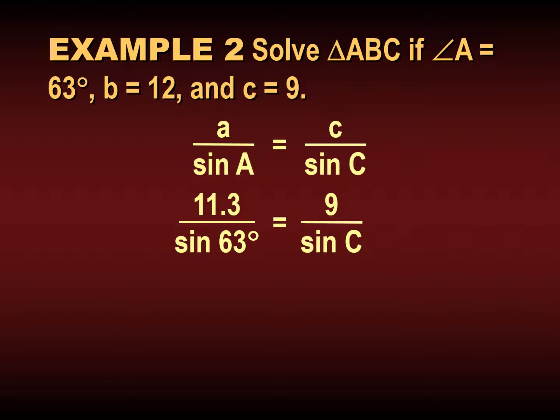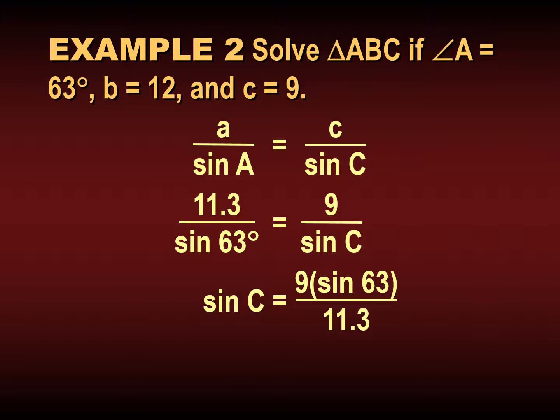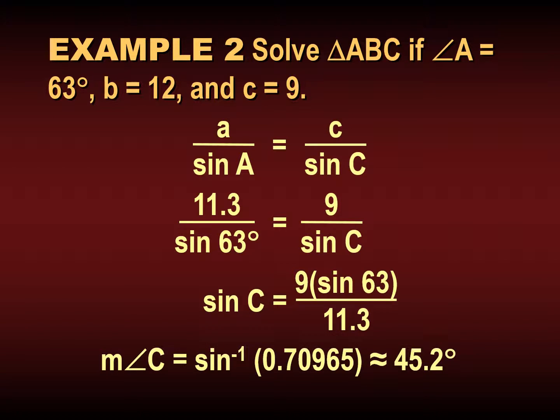So I get 11.3 times sine C equals 9 times sine of 63. I'll divide both sides by 11.3, and I end up with sine of C equals 9 times sine of 63 divided by 11.3. I'll do the inverse sine of both sides, and I get 45.2 degrees.